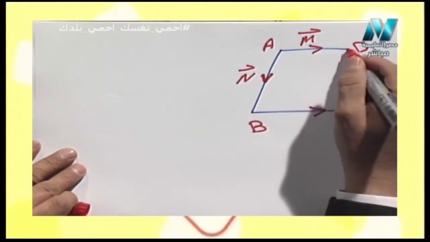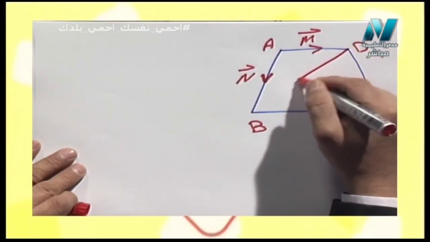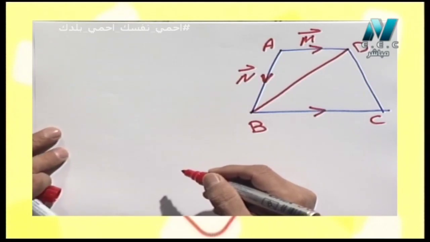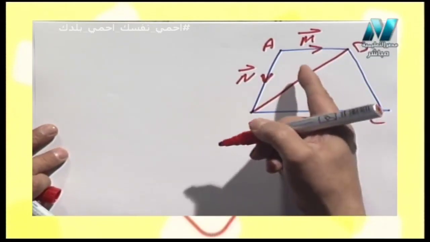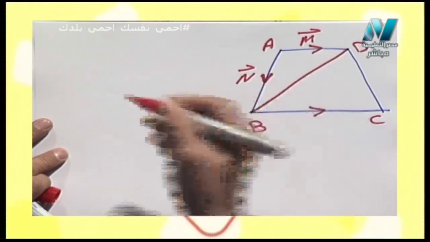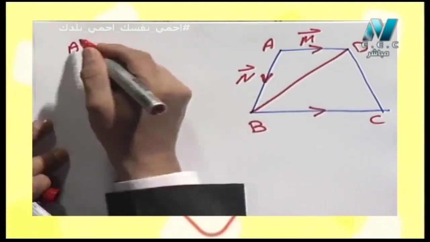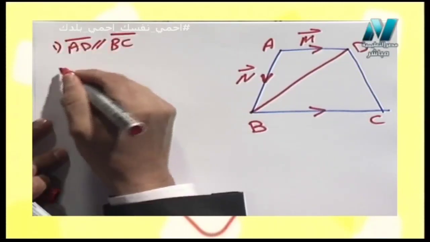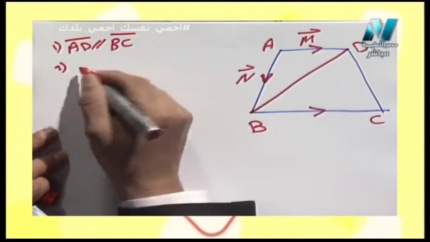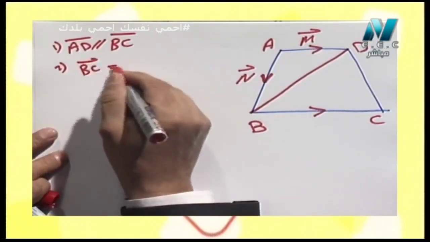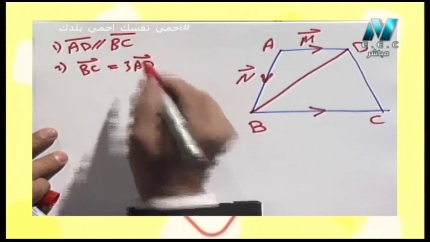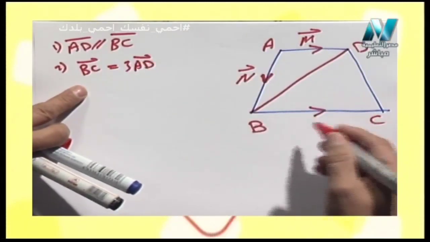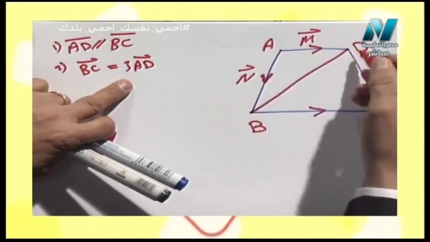Okay. And we have DB as the diagonal here, and he gives us two things: that AD is parallel to BC, this is number one. Number two, he gives you that BC equals 3AD. Where is BC? BC is a vector equal to 3 times the vector AD.